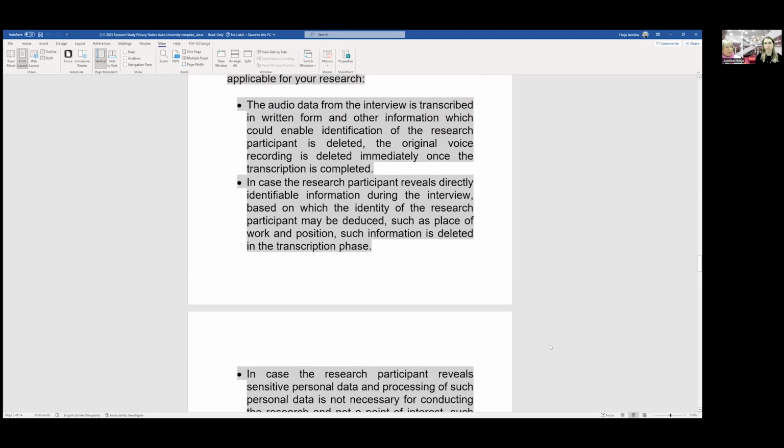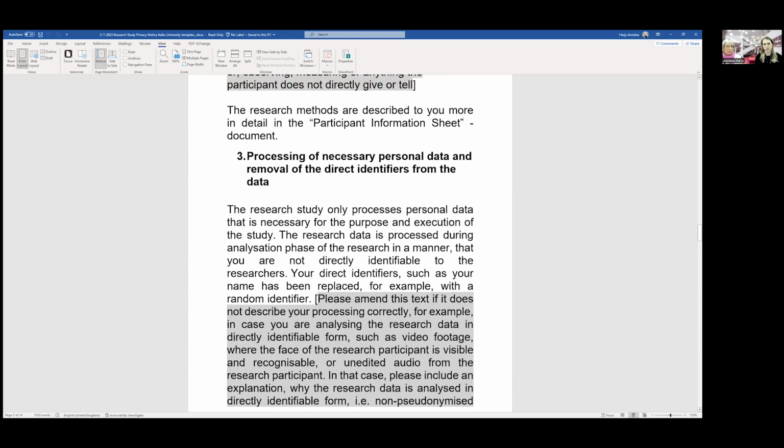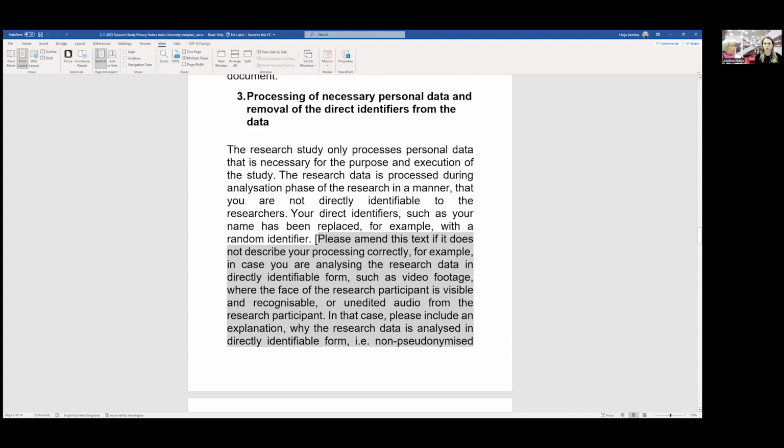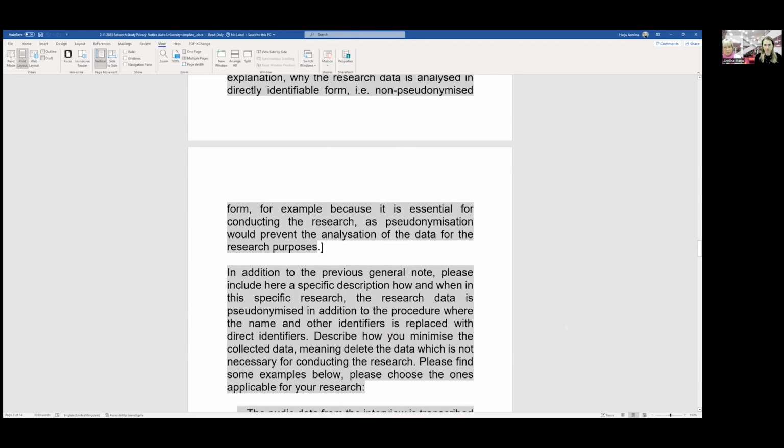So maybe just to clarify the structure of section 3. Basically what we have done is that we have written for you some general examples. For example, this first chapter is applicable to most research studies, but you always need to carefully read everything through and consider if this is applicable for your exact research study.